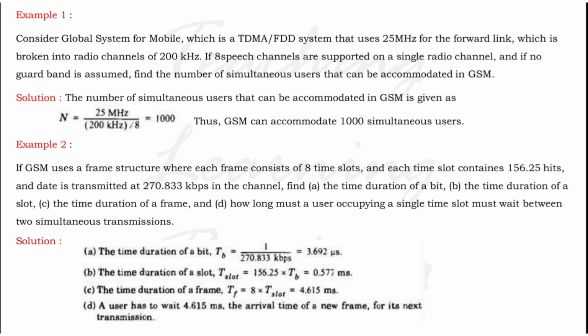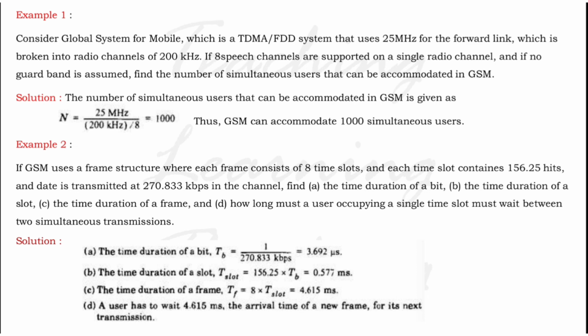The time duration of a bit, T_b, can be found as 1 divided by 270.833 kb per second, which is 3.692 microseconds. The time duration of a slot, T_slot, is 156.25 times T_b, which equals 0.577 milliseconds.